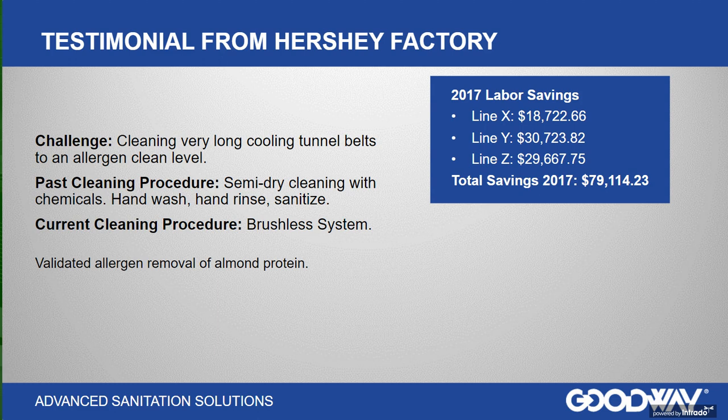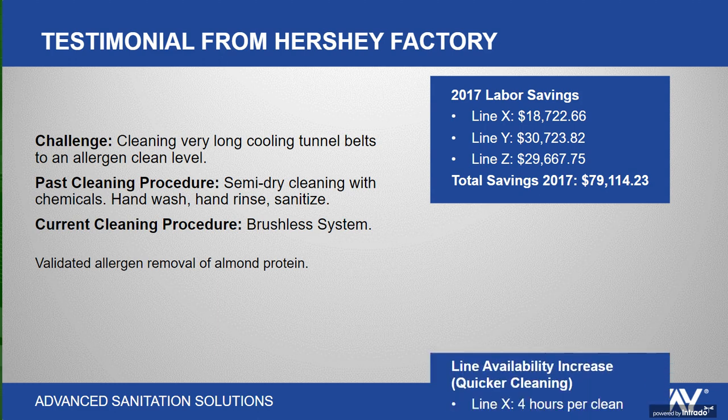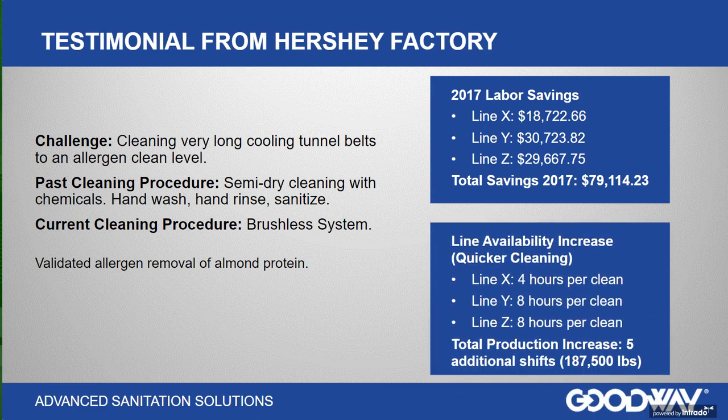In this application, they saw a labor savings of somewhere around $79,000, as well as a much faster cleaning that allowed them to produce 5 additional shifts of product every month. So significant savings on labor. They're able to change those lines over much faster and increase production significantly.